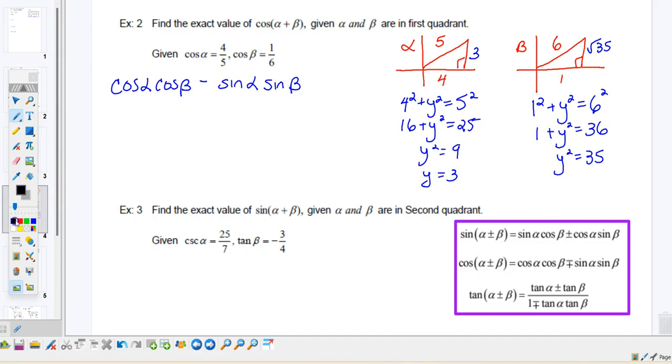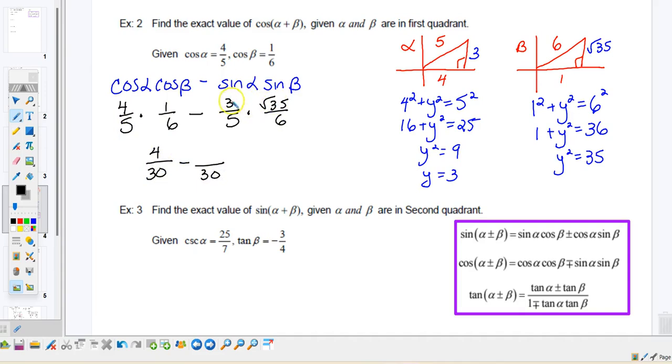And now getting our 4 fractions, cosine alpha x over r, cosine beta x over r, sine alpha y over r, sine beta y over r. 4 times 1, 5 times 6.